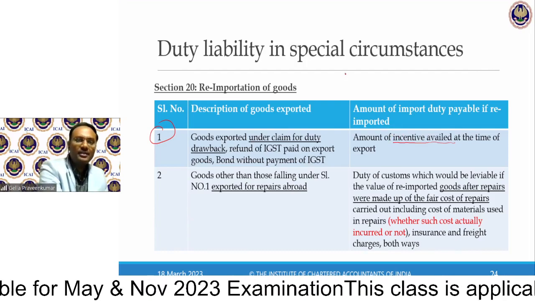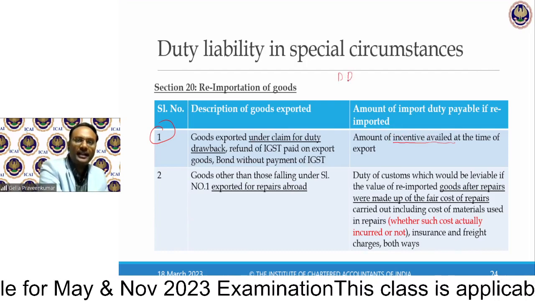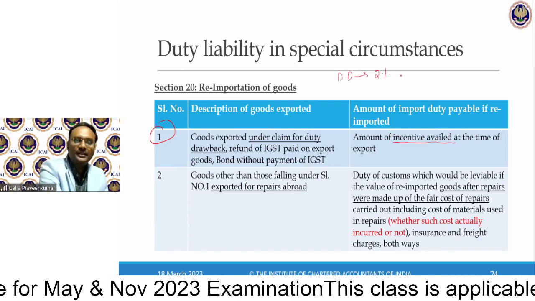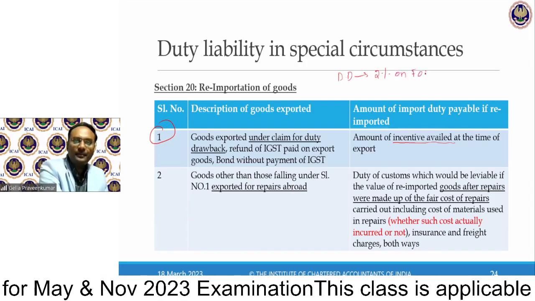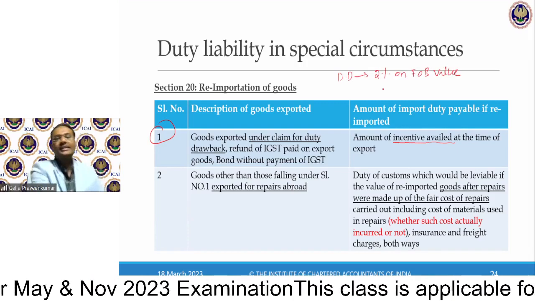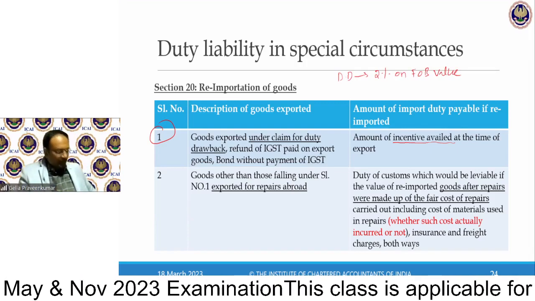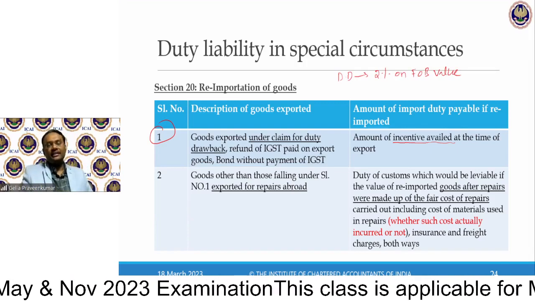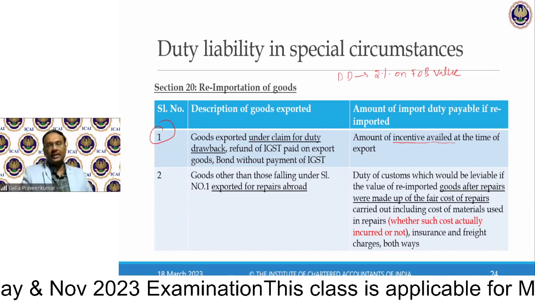Now, duty drawback. For instance, the rate of duty drawback is 2% on FOB value. Assuming you have exported a consignment worth 10 lakh, you have received 20,000 as your duty drawback.